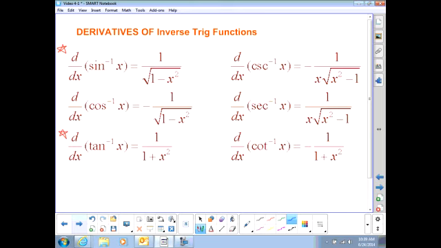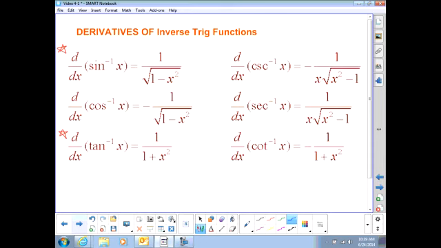Inverse secant, we've got 1 over x times square root of x squared minus 1. And then similar, that sine and cos are just negations of each other. The cosecant inverse is just the negation of that. And inverse cotangent is just the negation of the inverse tan one.